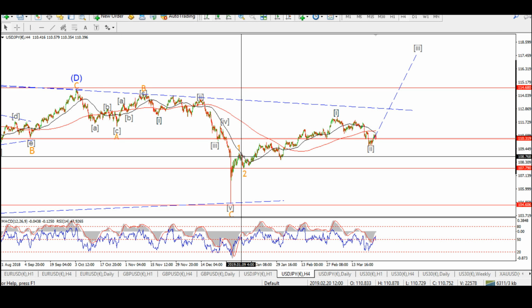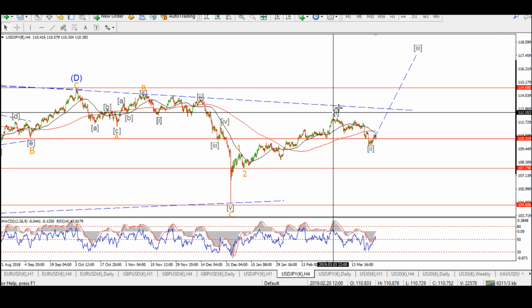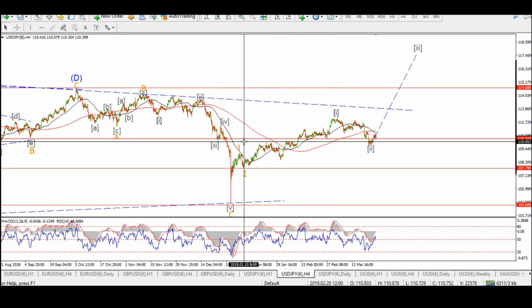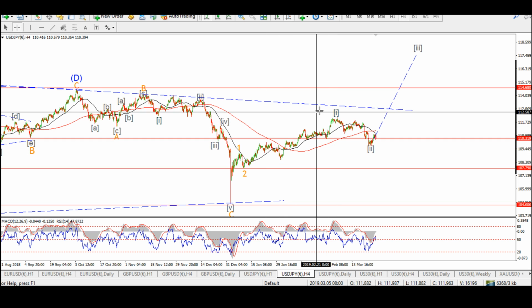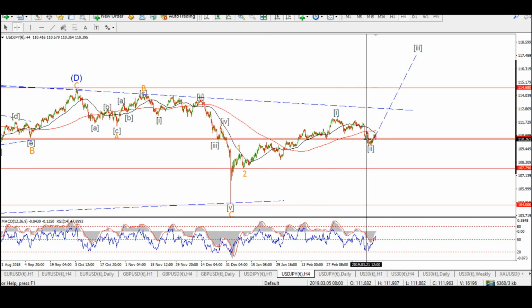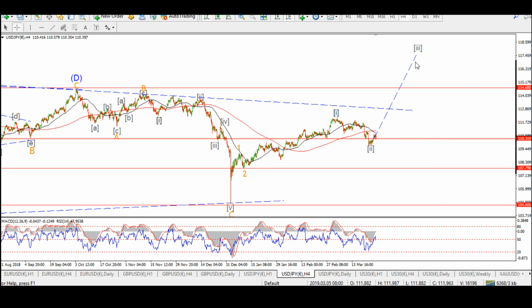The length of this wave 1 pattern started in October and ended at the highs in early March. So October to March, you could be talking 5 months. You might talk another 5 months maybe for this third wave up. We'll see how that pans out.